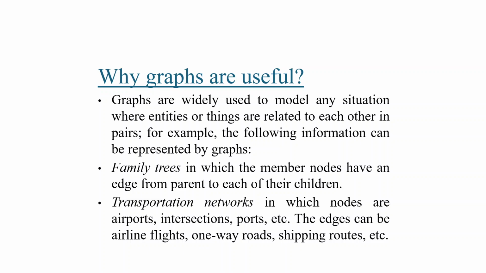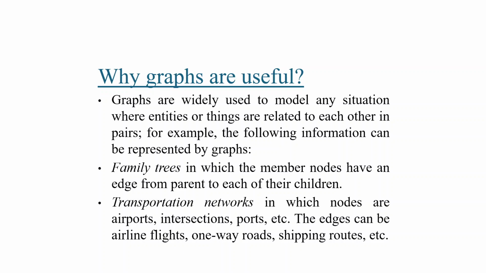The other one is social networks. The people are nodes, and the edges are friendships. Once you give a friendship request, if they accept, a connection is formed between two people. So once again, a social network is another real life example for graphs. The other example is the internet website.